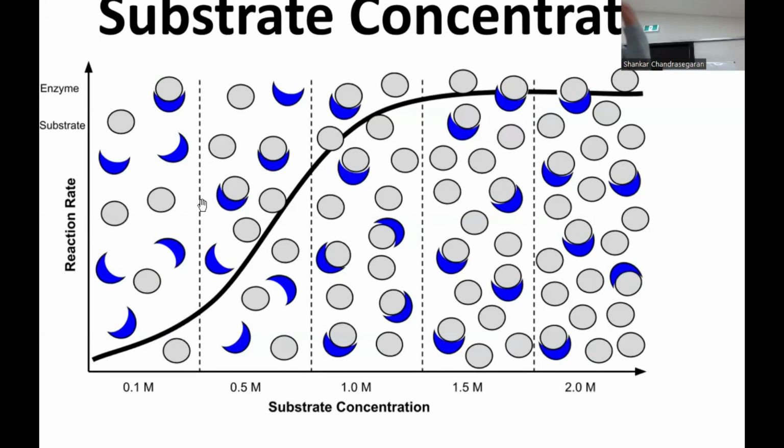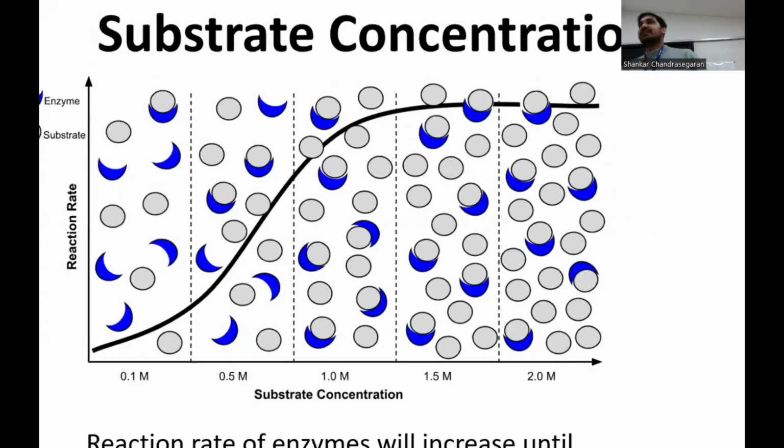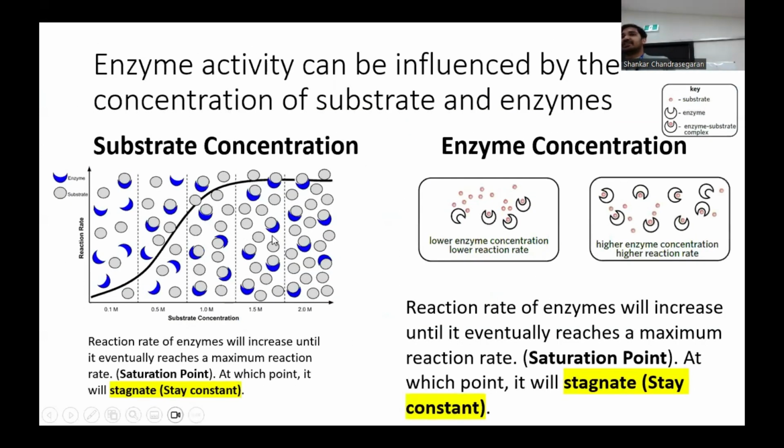At that point, no free enzymes are available to bind the substrate, and every enzyme will be occupied, so it's fixed after it reaches that point. You can see here, there are still free enzymes at this point, but as soon as it reaches 1 molar, all the enzymes are occupied and there is free substrate floating around. At this point, no matter what you do, there won't be an increase in the rate of reaction because every enzyme is occupied and they won't be able to bind until they are done breaking that substrate down.